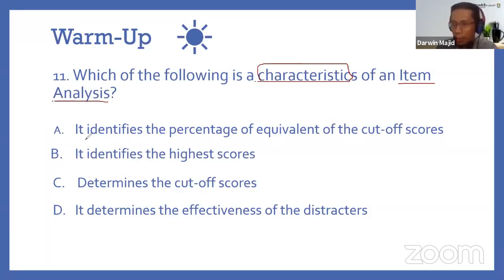Are we going to have it identifies the percentage equivalent of the cut-off scores? It identifies the highest scores, determines the cut-off scores, it determines the effectiveness of the distractors.